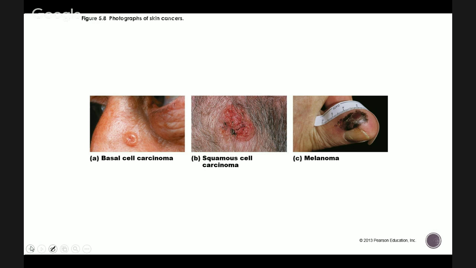So if you have something that's relatively round, probably less harmful than something that is like, okay, see how we lack symmetry here? So that's asymmetry. This probably is going to be more harmful or require getting looked at before this one necessarily.